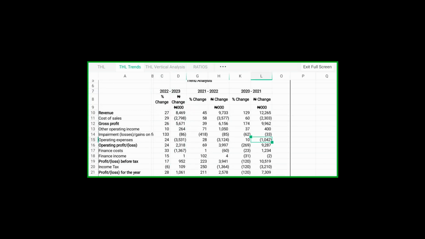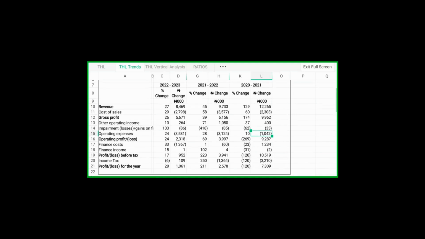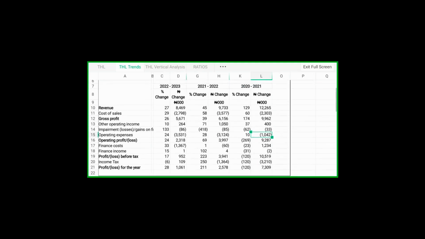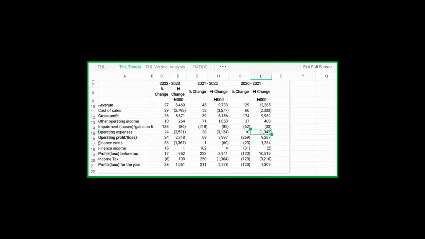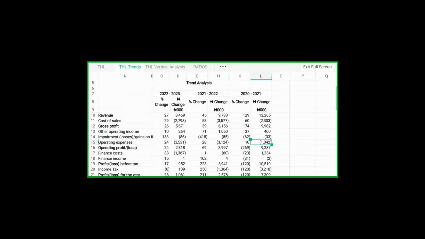The gross profit has a 174% growth rate between 2020 and 2021. So these are more like the impact of COVID-19. The impact of COVID-19 is giving us all these hundred-and-something percentage growths in all of these areas. So this is what the trend analysis will likely look like.